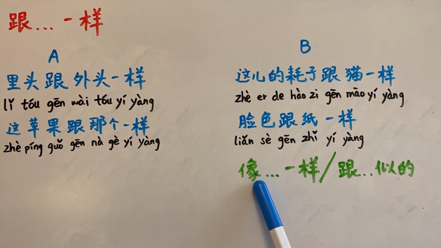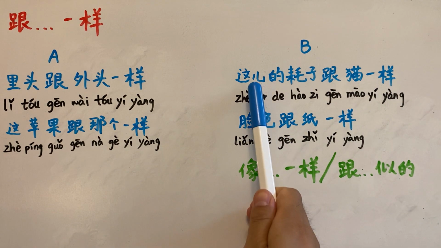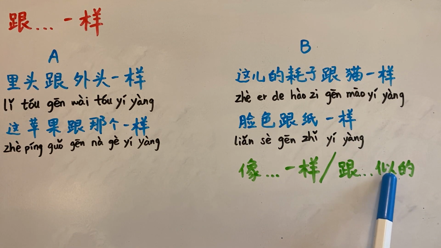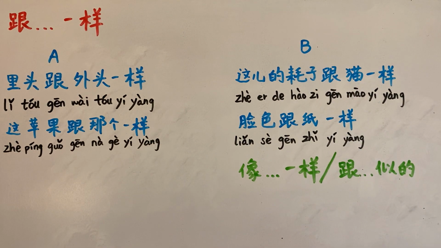Replace this 跟 with 像, like, just like, or the same as. 像猫一样 or 这儿的耗子跟猫似的, right? You can replace this 一样 with 似的. It's the same. It's just different versions of this sentence pattern. They're exactly the same.